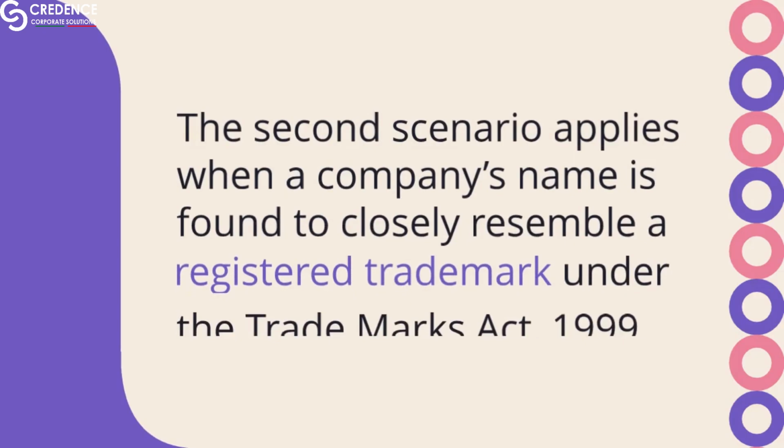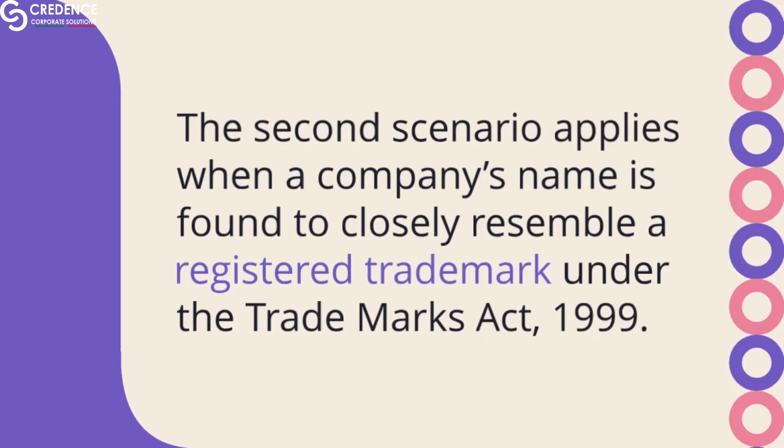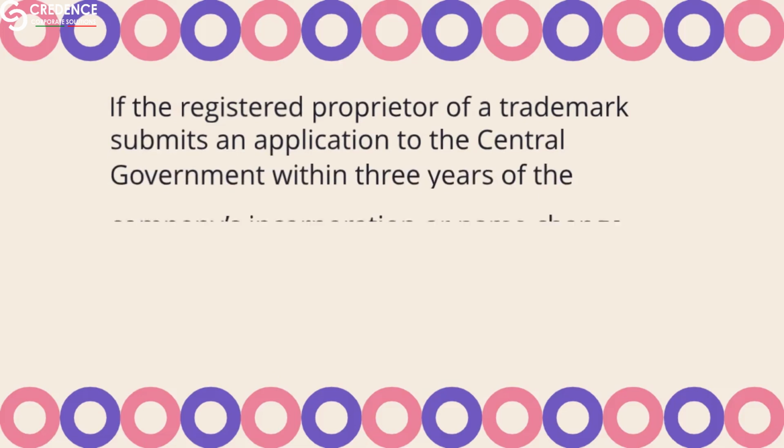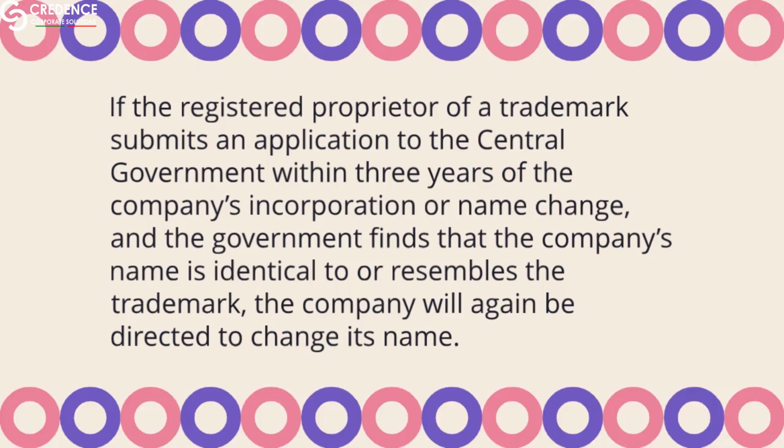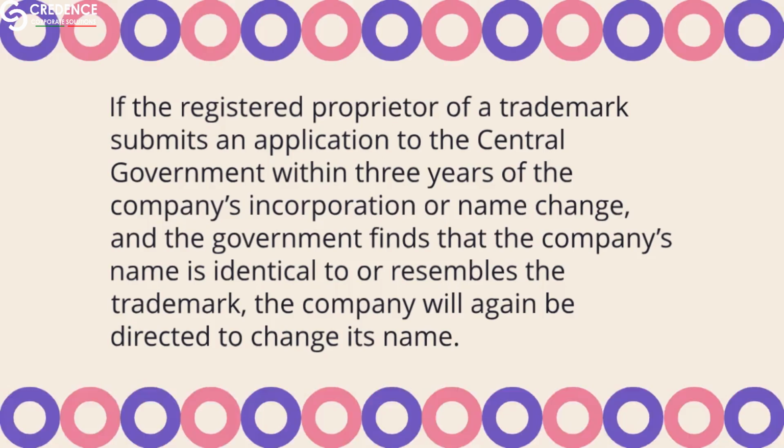The second scenario applies when a company's name is found to closely resemble a registered trademark under the Trademarks Act, 1999. If the registered proprietor of a trademark submits an application to the central government within 3 years of the company's incorporation or name change, and the government finds that the company's name is identical to or resembles the trademark, the company will again be directed to change its name.